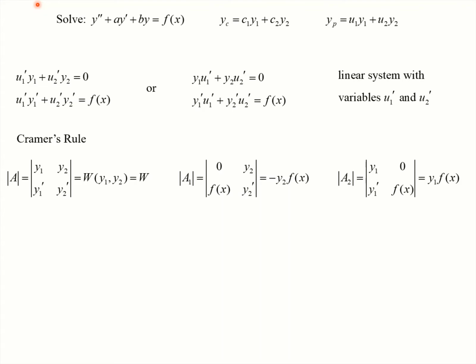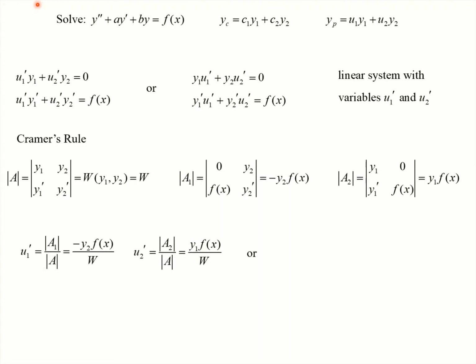Okay, so now I know that my first variable is u1 prime. u1 prime is going to equal determinant A1 over determinant A. And that gives me negative y2 times f over W. And my second variable in that linear system is u2 prime. I put determinant A2 over determinant A, and that gives me y1 f over Wronskian.